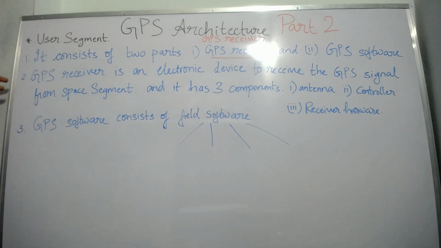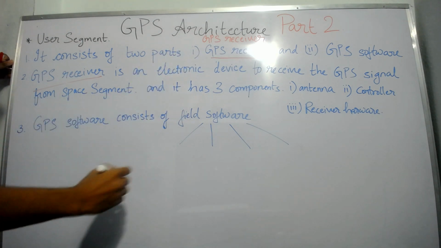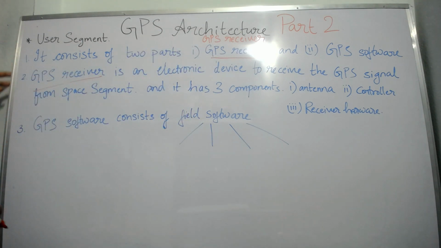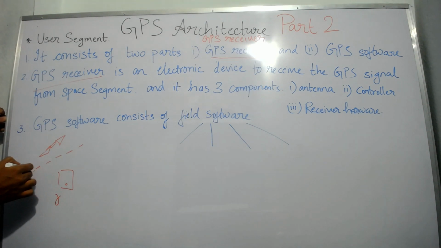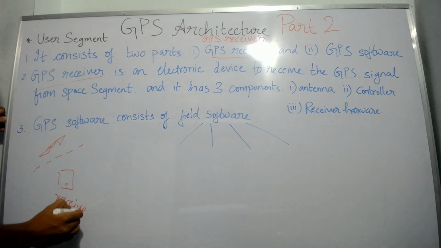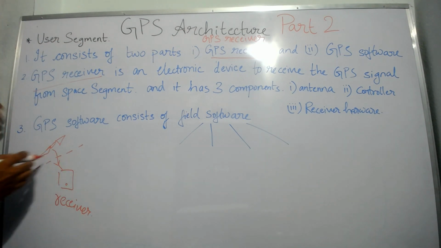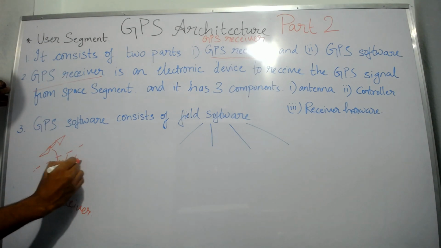The GPS receiver is an electronic device to receive GPS signals from the space segment. This is a satellite in the space segment and this is a receiver. And this GPS signal is an L-band signal.